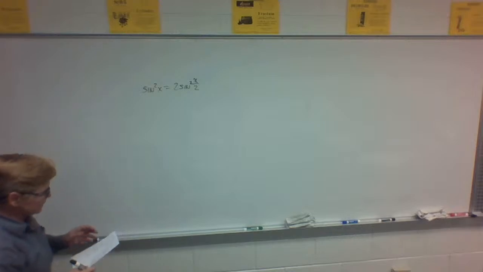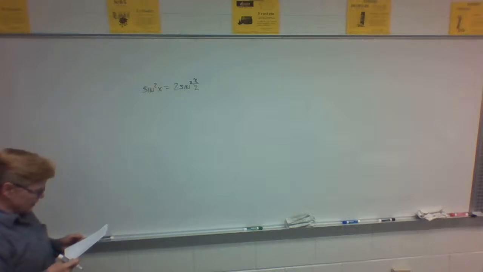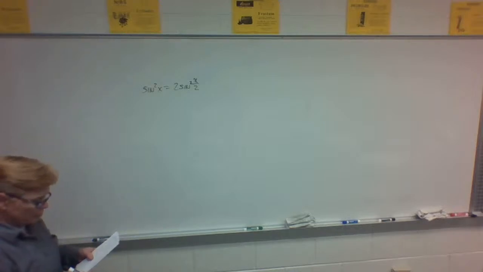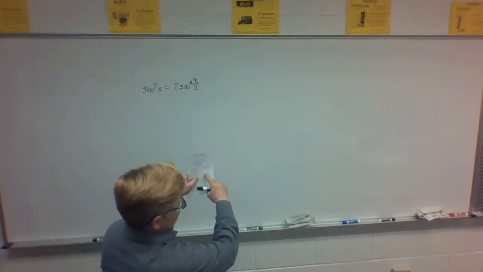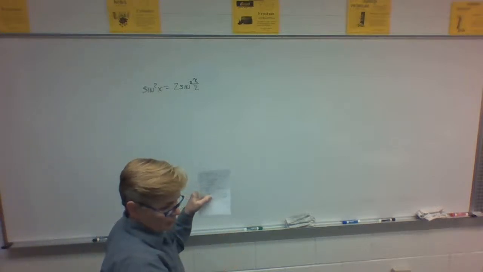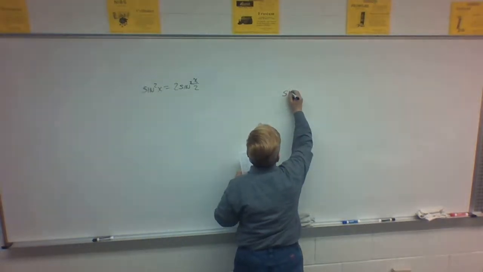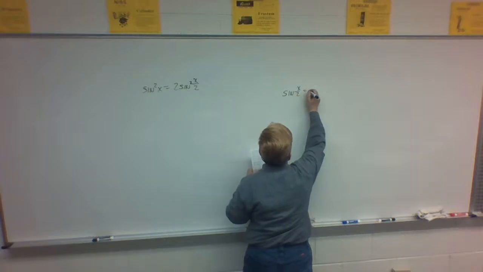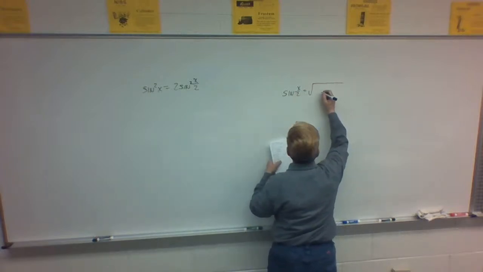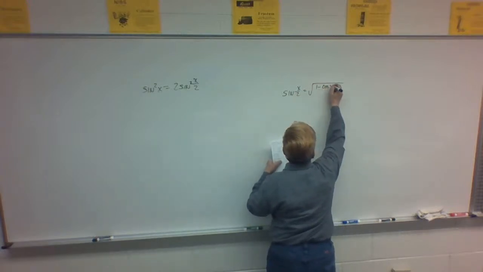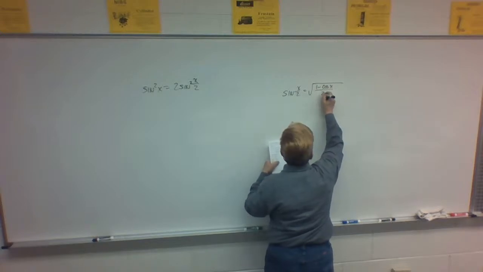So now this one does get a little bit tricky. Do you see the sine of a half angle on your paper? It's right here. Let me ask you this. If I have the sine of x over 2 and it equals the square root, I'm just using the identity, I'm writing it down exactly like it is, 1 minus cosine x over 2.